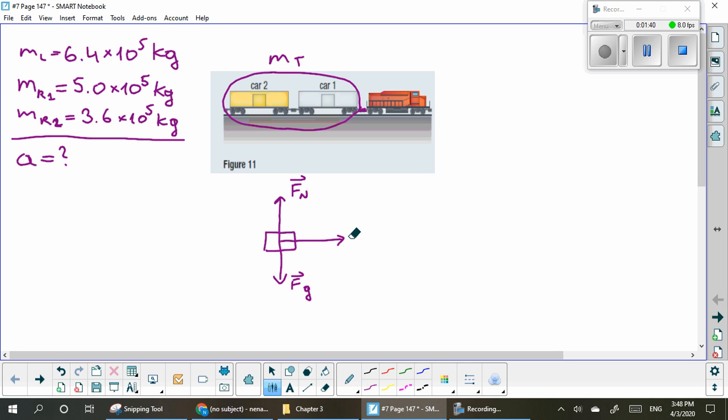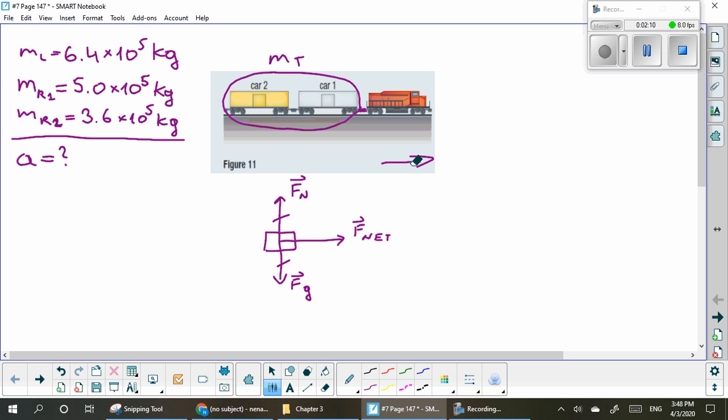So you could say that this F net force is the only force acting, because in the question it says assume that the friction is negligible, so there's nothing acting in the opposite direction, and these two don't really have any effect on what's happening in that forward direction. And I'm assuming that the forward direction is to the right, which is the direction of the locomotive.